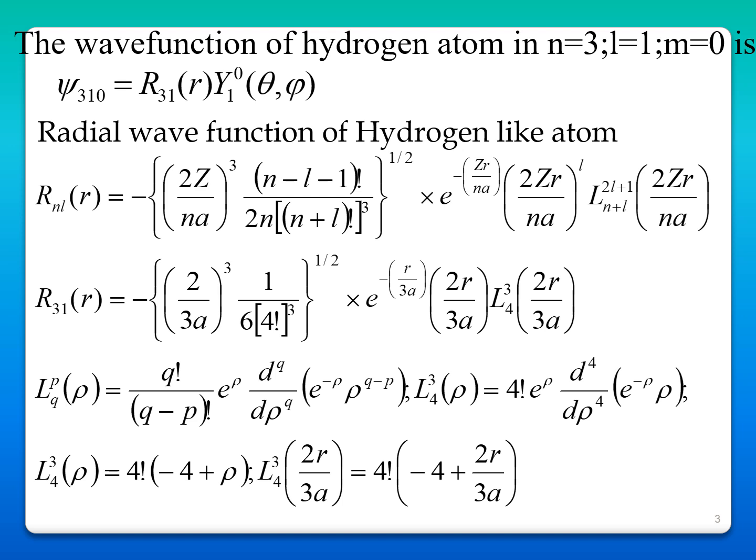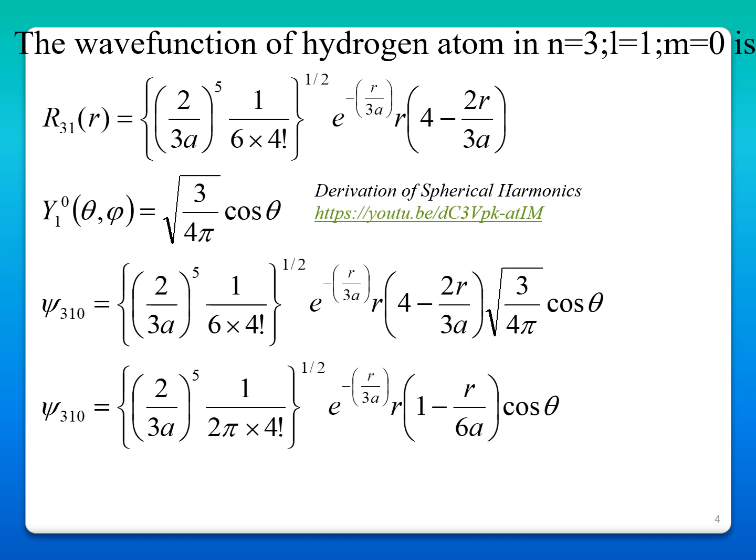Also L p q of rho is given by the formula q factorial divided by q minus p factorial, e power rho, d power q by d rho power q of e power minus rho times rho power q. Here q is 4 and p is 3. If you put in the values and differentiate, we get 4 factorial times minus 4 plus 2r by 3.